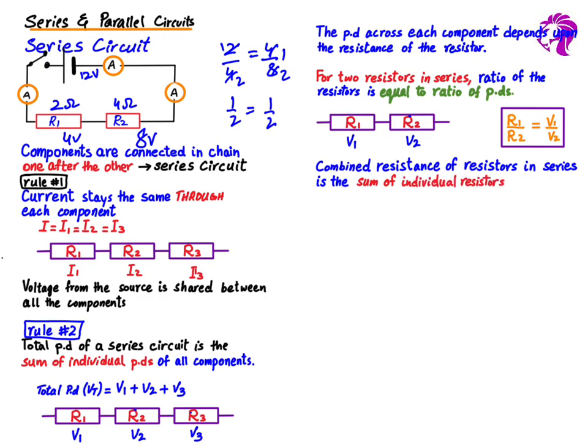So I have talked about current and I have talked about PD in a series circuit. Now let's talk about resistance in a series circuit. If you have resistors R1, R2 and R3 connected in series, what would be the combined resistance? What would be the effective resistance? What would be the total resistance?